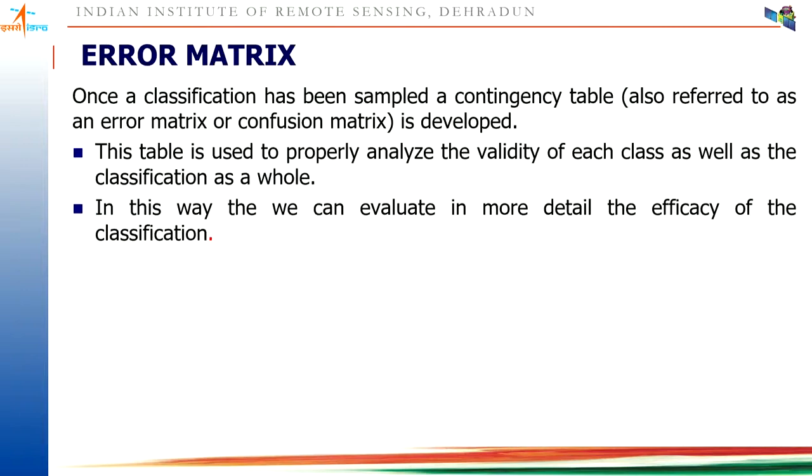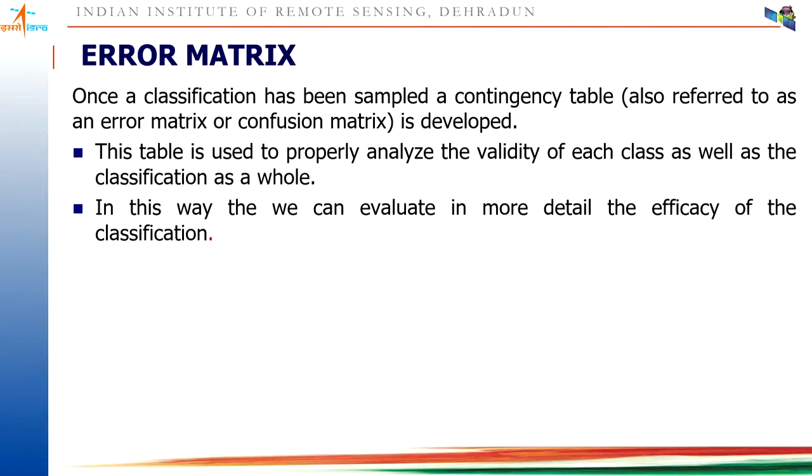Now once that is done, once you are collecting the sample points over the image, and you have noted for each sample point what is the land use class of the classified image, and what is the reference land use class.